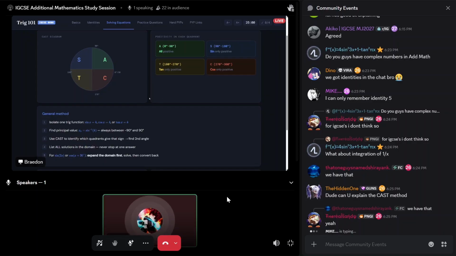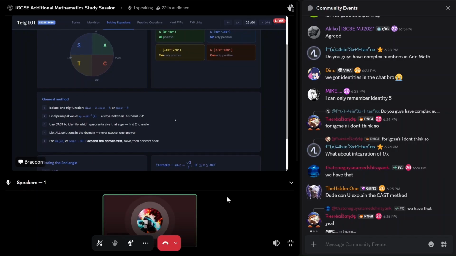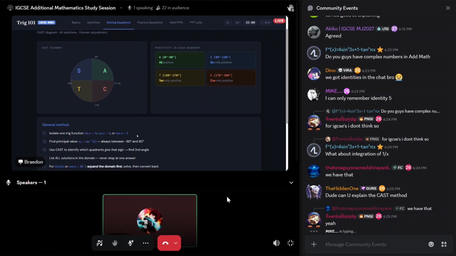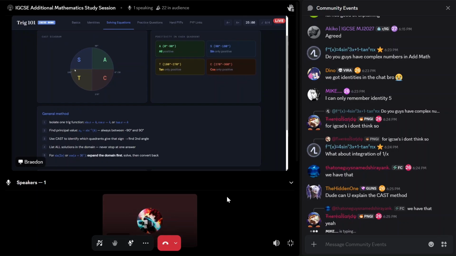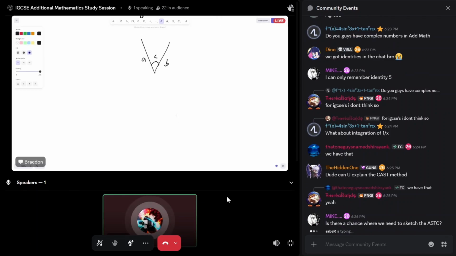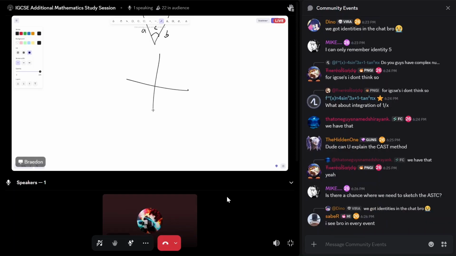Can you explain the CAST method? Yeah, that's a really long method, but you isolate it and then you find the principal value. Then with this principal value, you always should draw this ASTC down. What I like to do, let me show you, I draw like this. Let's say it's a positive principal value.